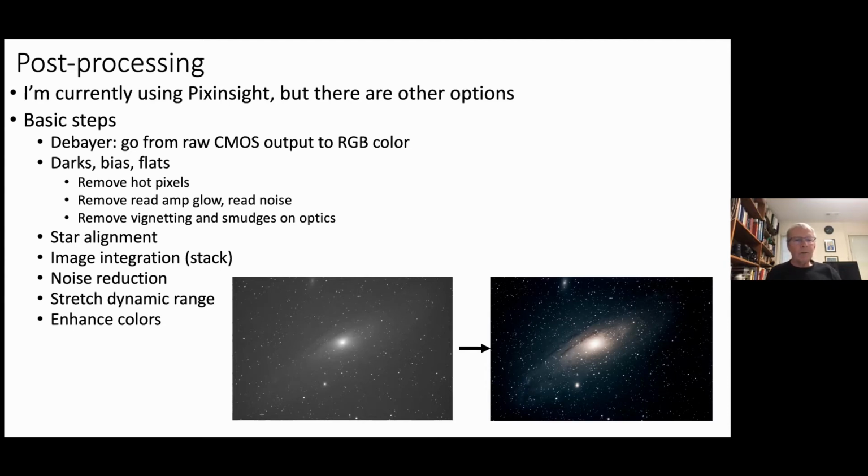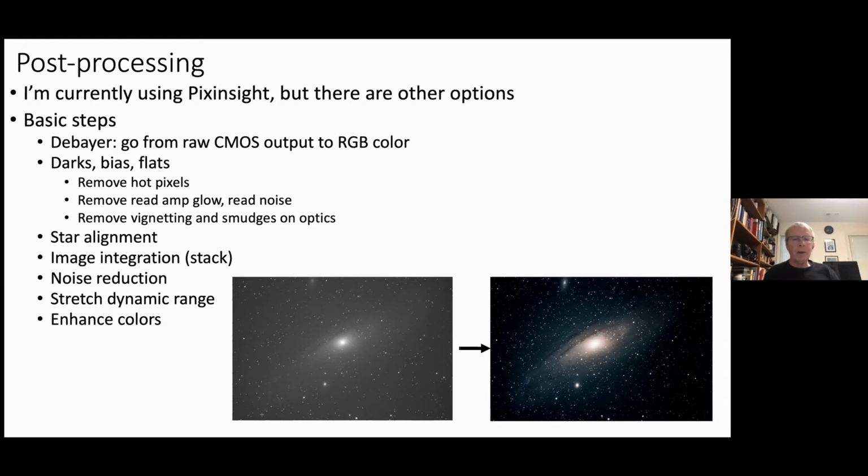So you do the alignment, which PixInsight does in software for you, and then you stack those images in what they call the image integration step. Beyond that, you do some stretching of the dynamic range. You can do noise reduction, because there can still be a lot of noise in the black part of the picture that you want to get rid of.